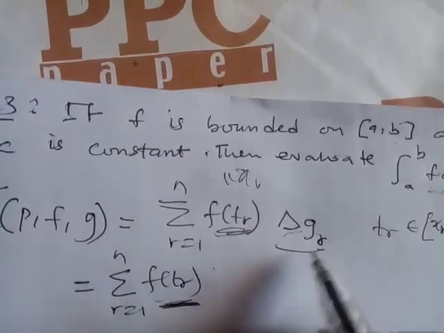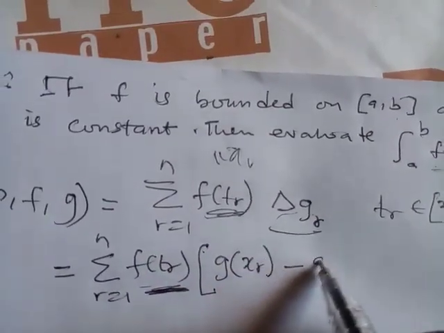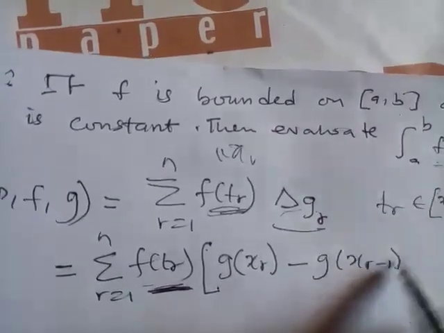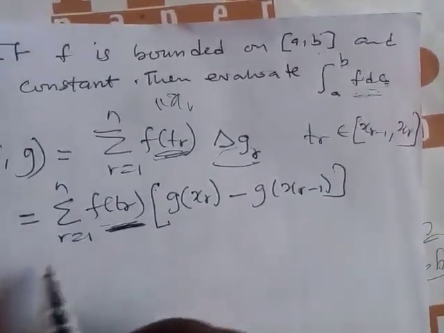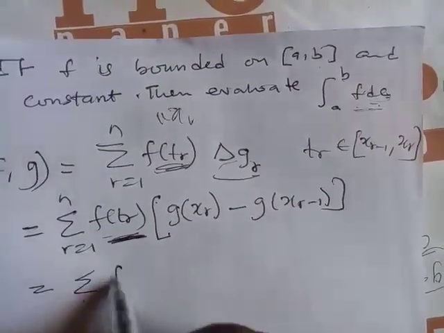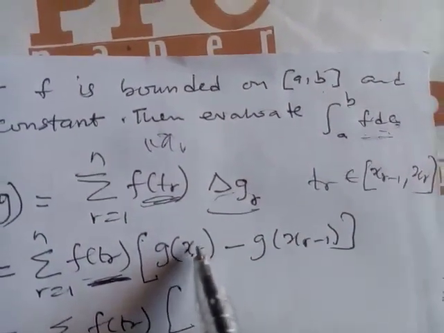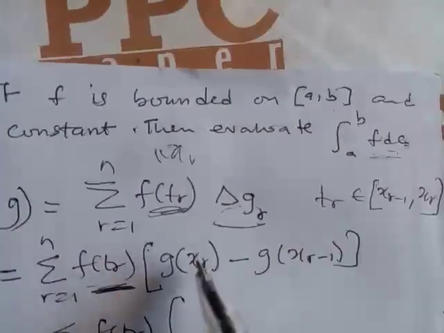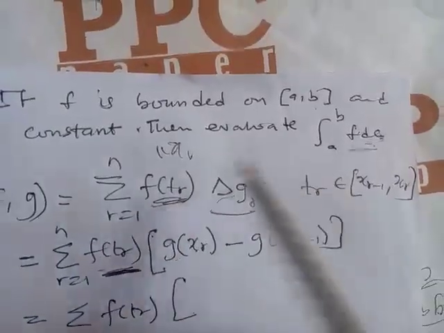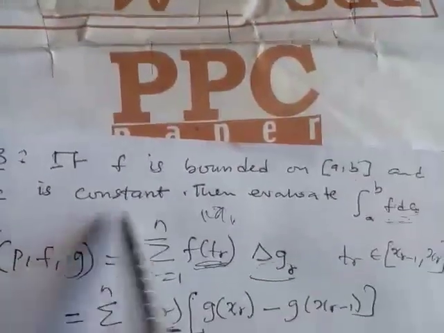Now the delta g_R, we know the delta g_R to be s_R minus s_R minus 1. But since g is constant, the supremum and infimum is still c.